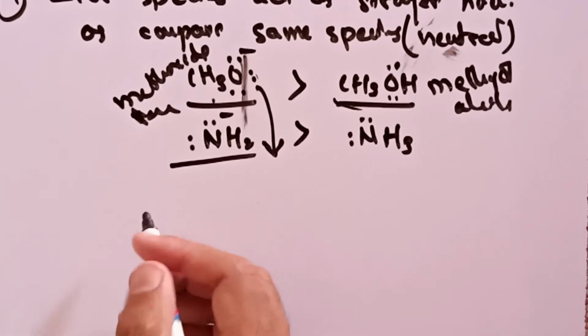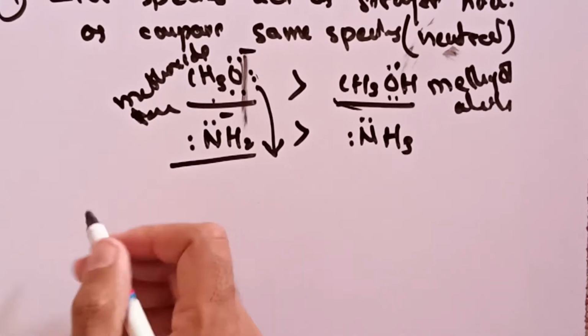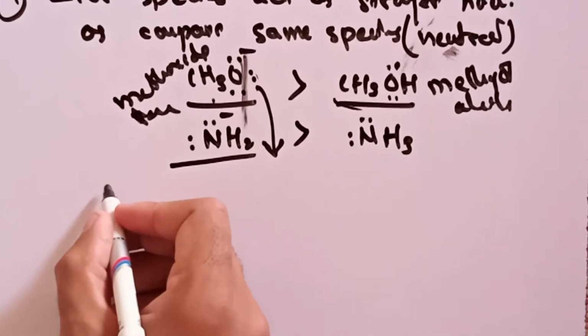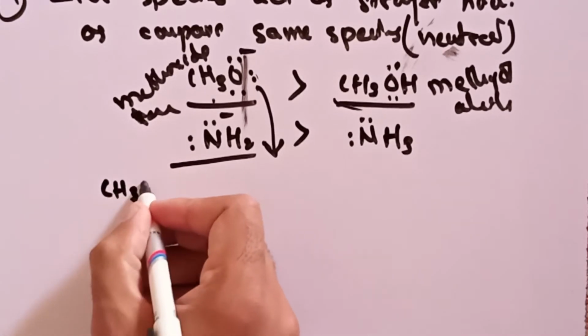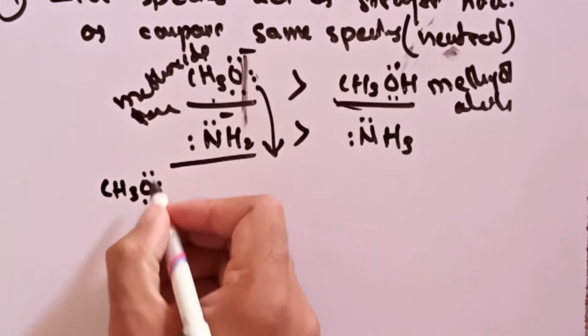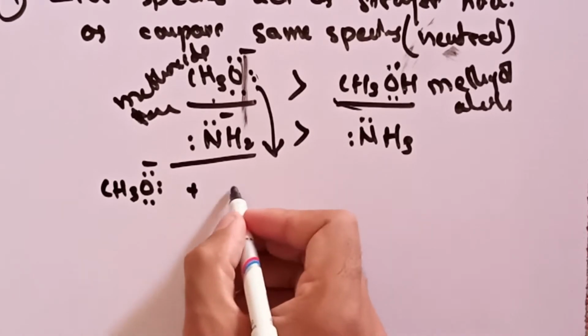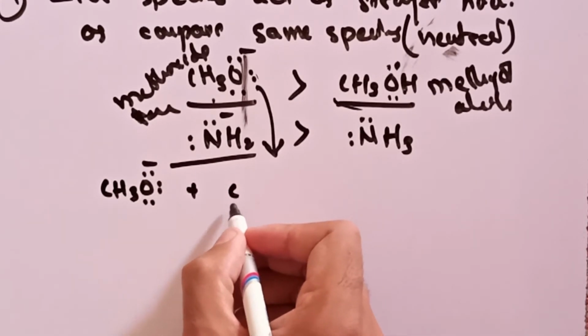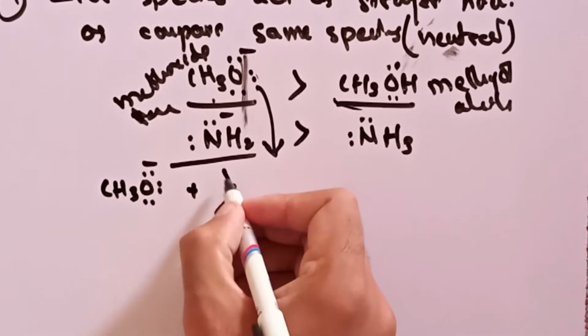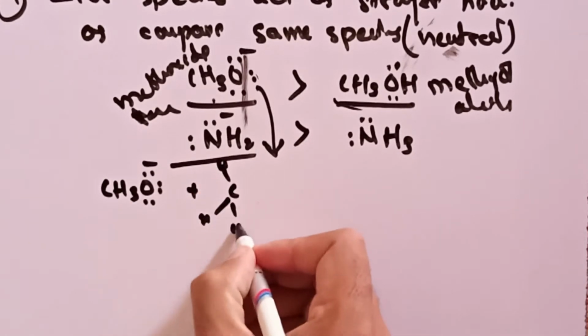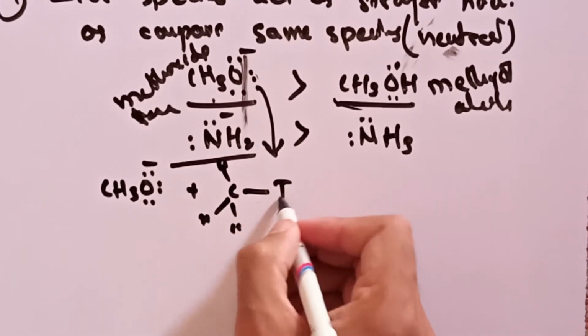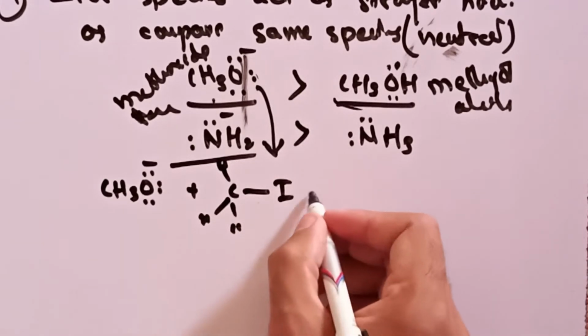So let me show you the reaction of both, the methoxide ion as well as methyl alcohol. In the case of methoxide ion, where there are three lone pairs, it attacks the electrophilic carbon of CH3I, methyl iodide, as the substrate.